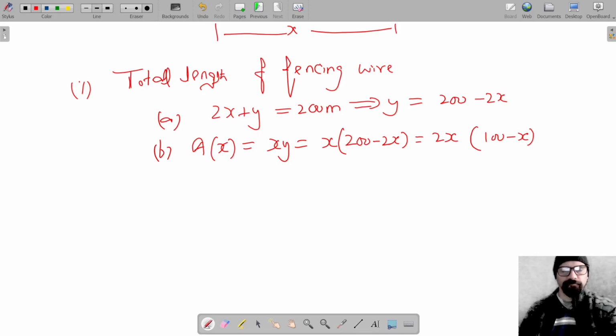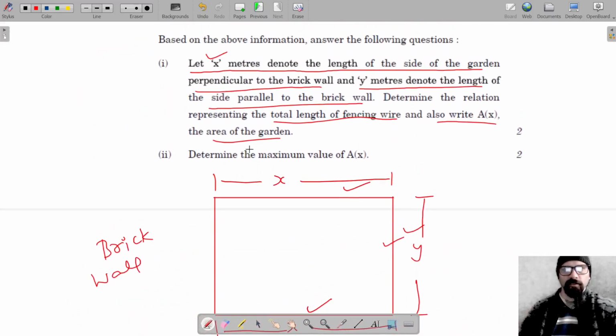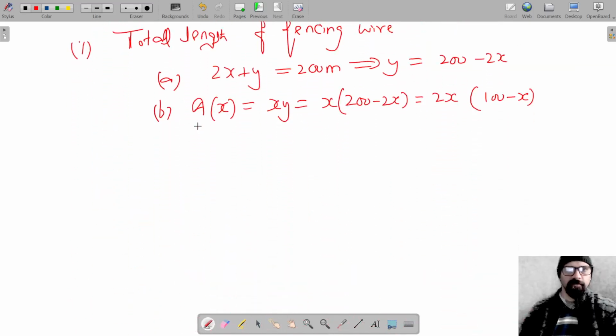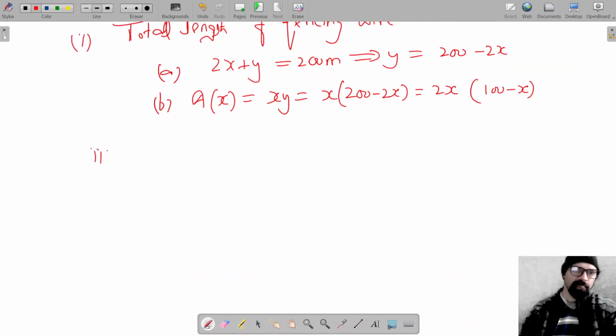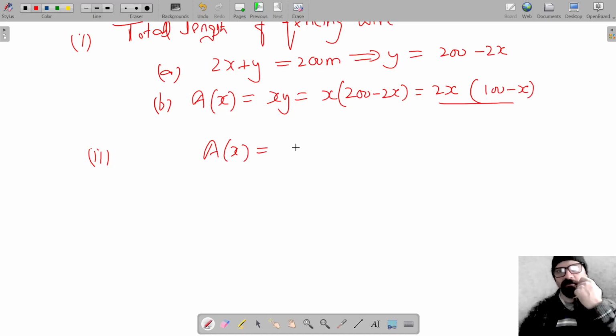Okay, now the next part asks, determine the maximum value of A of x. A of x is equal to this, so let me just open it: this is 200x minus 2x square.